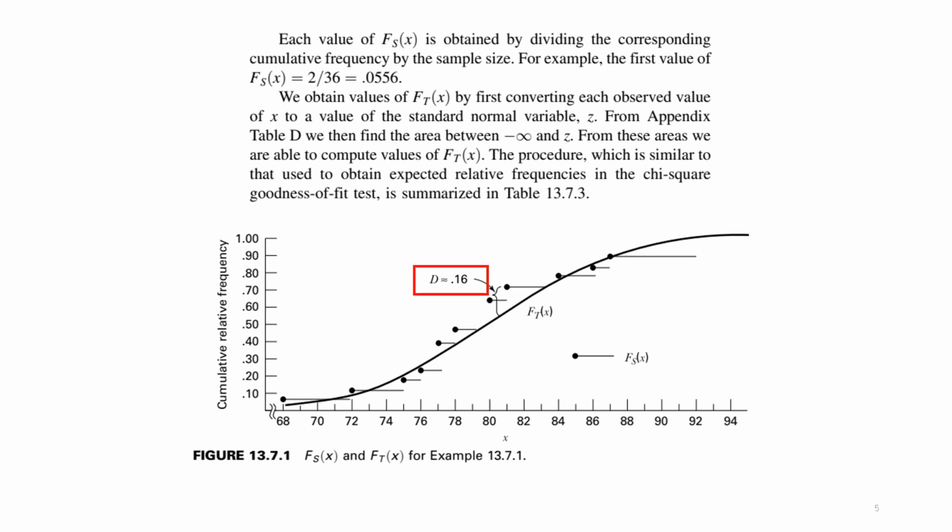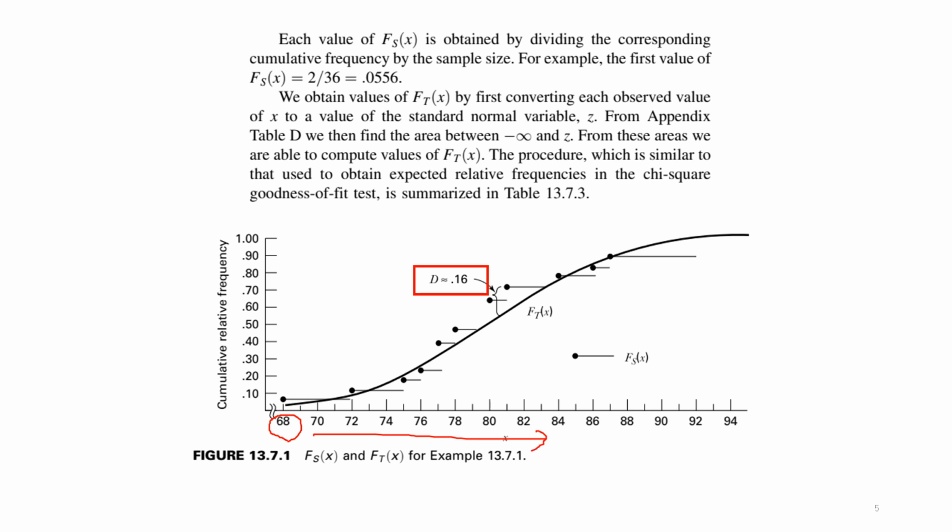Then we see the graph here. This line is under the cumulative normal distribution curve, and we call it a step function because we have probabilities for the sample data. The lowest value is 68, and likewise for all the values here.